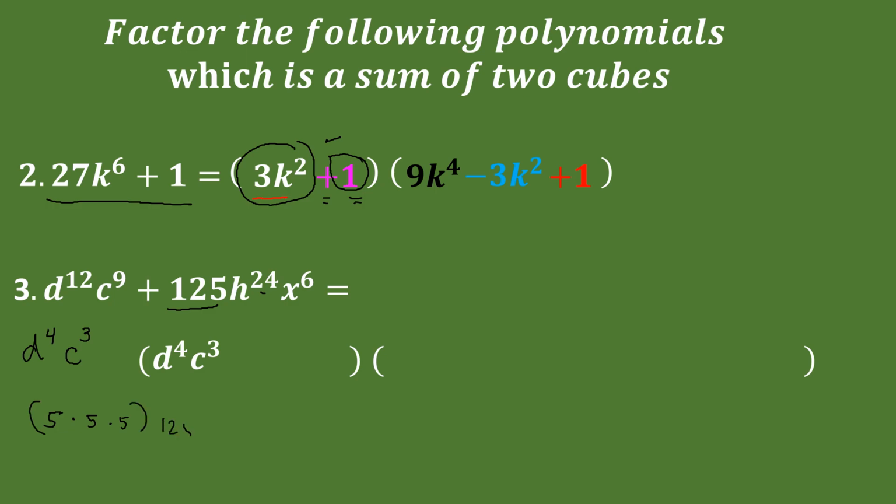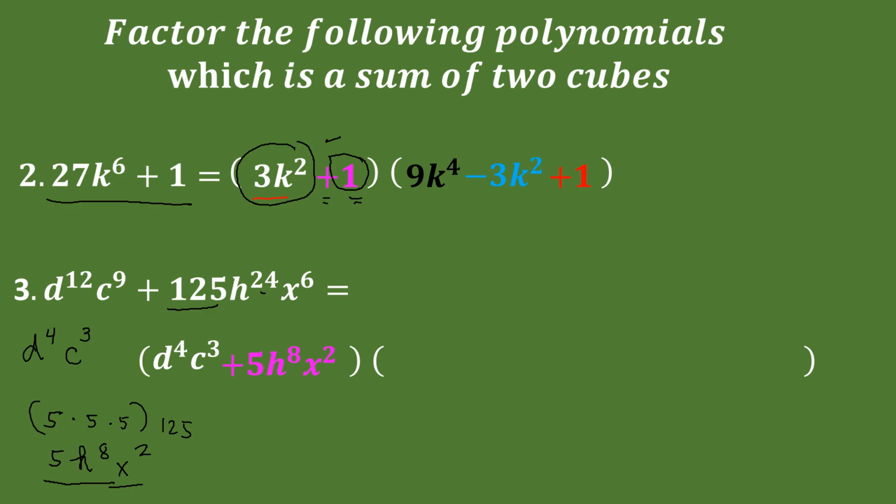So we have 5 as the cube root. h to the 24: the 24 divided by 3 gives us 8. And then x to the power of 6, the 6 divided by 3 gives us 2. So therefore, this is our second term of our binomial. Okay, so it is plus 5 h to the 8 x to the power of 2.